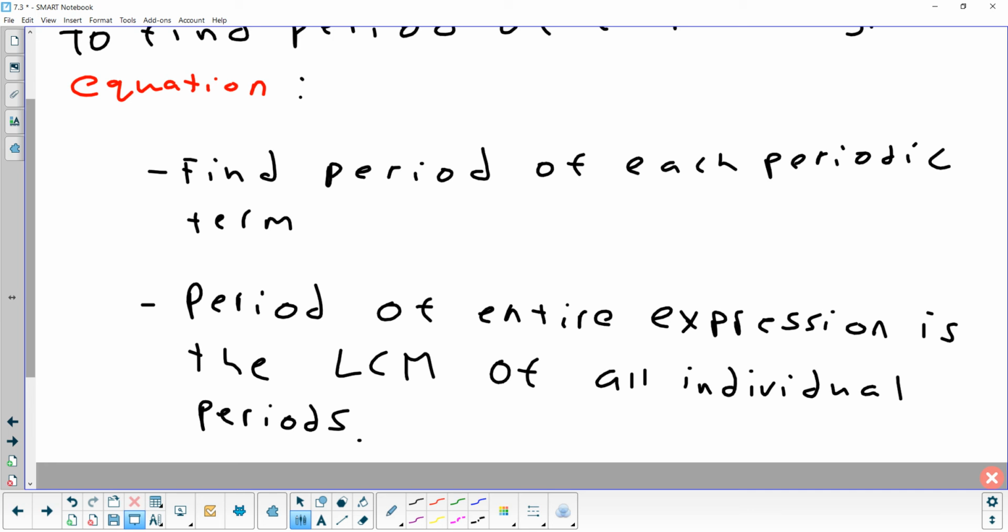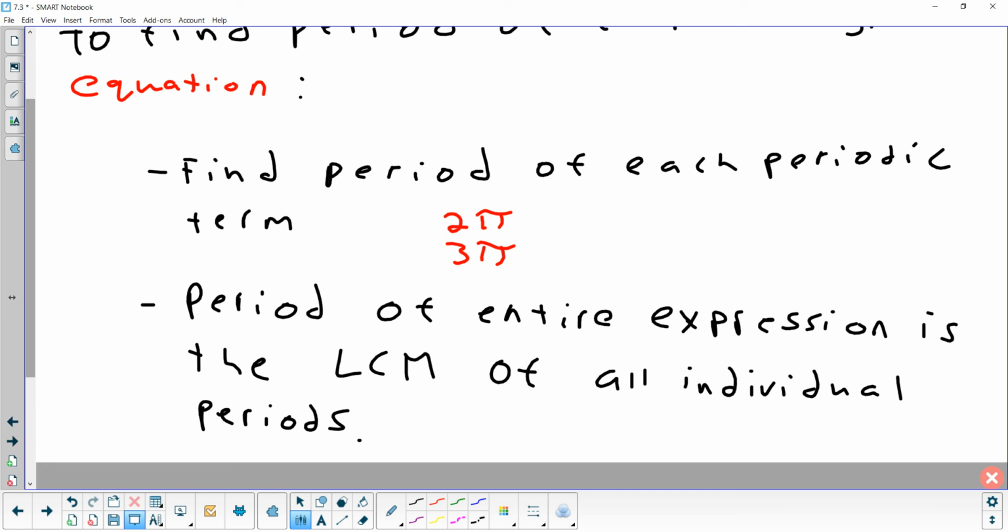So, for example, let's say you had two periodic terms in an equation, and the first one had a period of 2 pi, and the next one had a period of 3 pi. And you say, well, what is the period of the whole equation? It's going to be the least common multiple of these two. This one repeats every 2 pi, this one repeats every 3 pi.